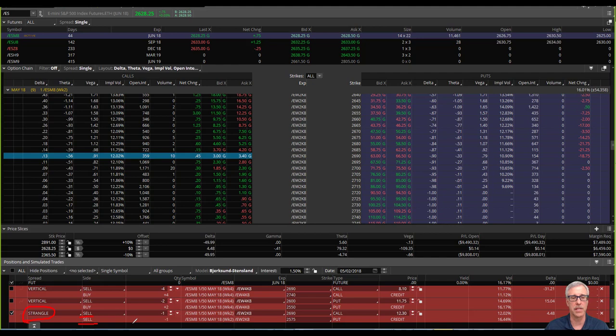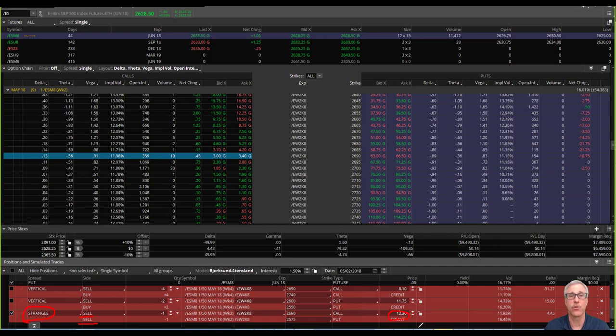So in essence, what I'm doing is I'm collecting premium when I enter a short strangle. So instead of having to pay for it, my account is being leveraged by virtue of what is known as buying power, and that is collateralizing the premium I'm collecting and the risk that is associated with the position.